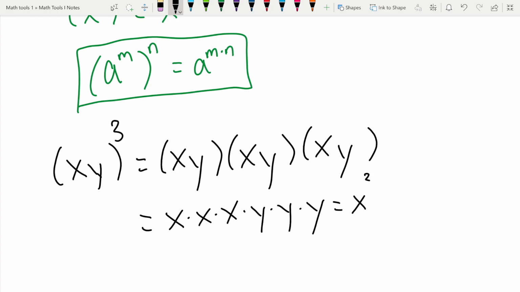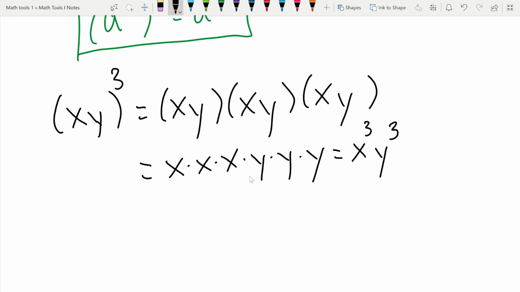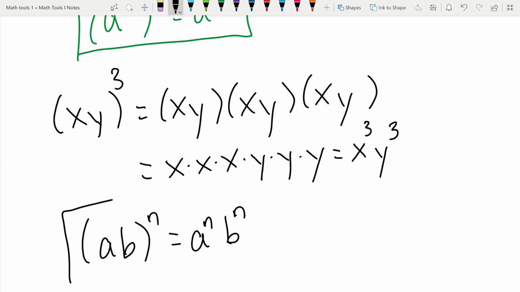And we can see this is x to the third times y to the third. Okay. So in other words, we can cube everything inside of the parentheses here. So in general, if you have a times b to the n, this is going to be a to the n times b to the n. Okay. And you can extend this past two numbers inside the parentheses as well.